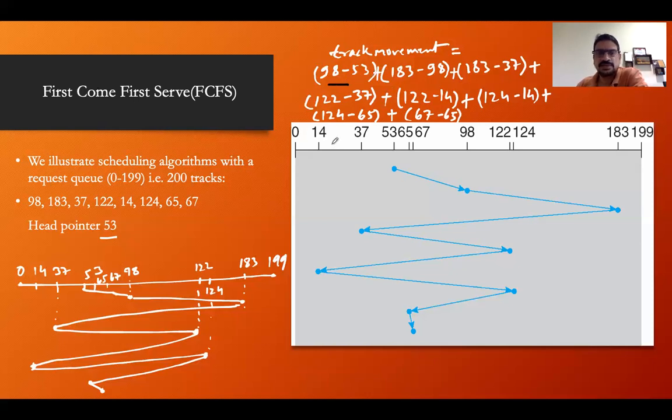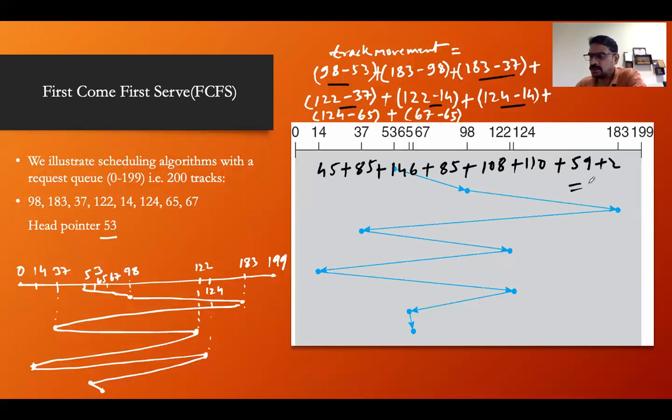This will be 45 plus 85, plus 146, then 108, then 110, then 59, and this last one will be 2.